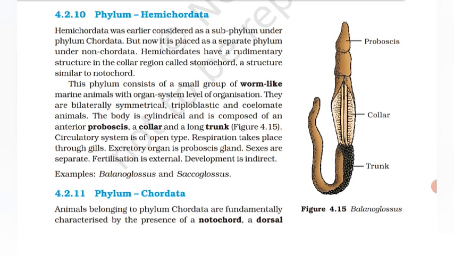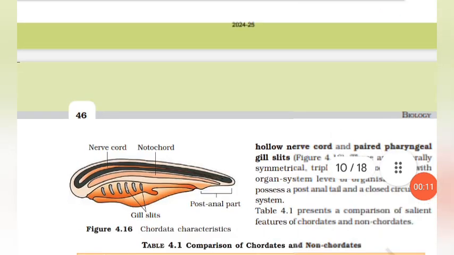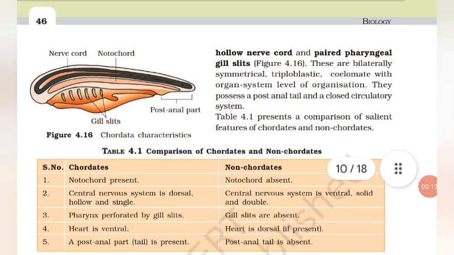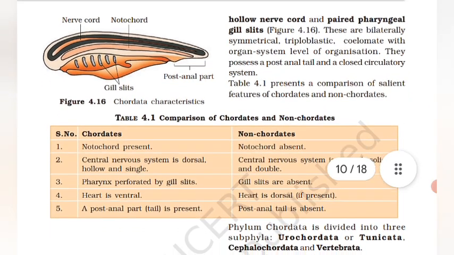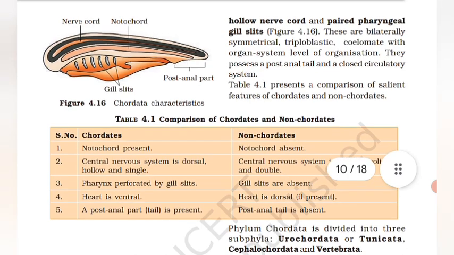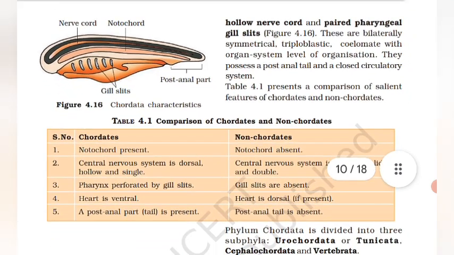The members of subphylum Vertebrata possess notochord during the embryonic period. Notochord is replaced by a cartilaginous or bony vertebral column in the adults. Thus, all vertebrates are chordates, but all chordates are not vertebrates.